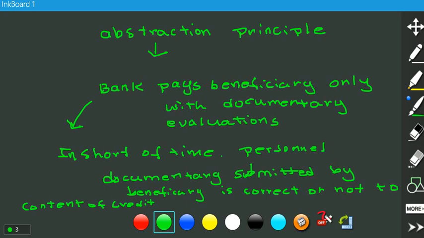Additional explanation for this principle, the abstraction principle of credit: a nominated bank acting on its nomination, a confirming bank, if any, and the issuing bank must examine a presentation to determine, on the basis of the documents alone, whether or not the documents appear on their face to constitute a complying presentation.